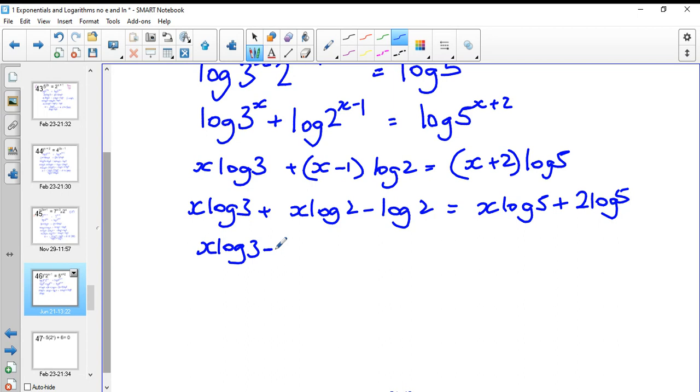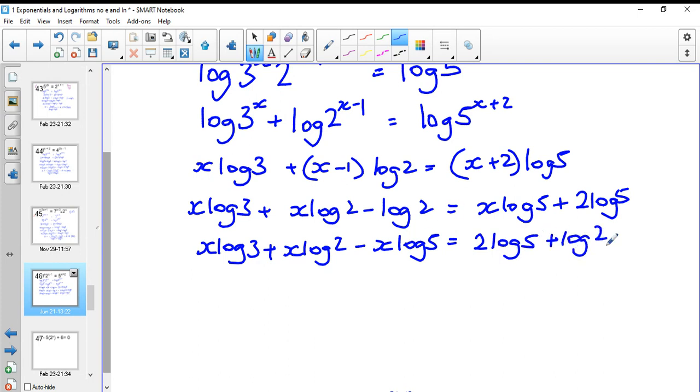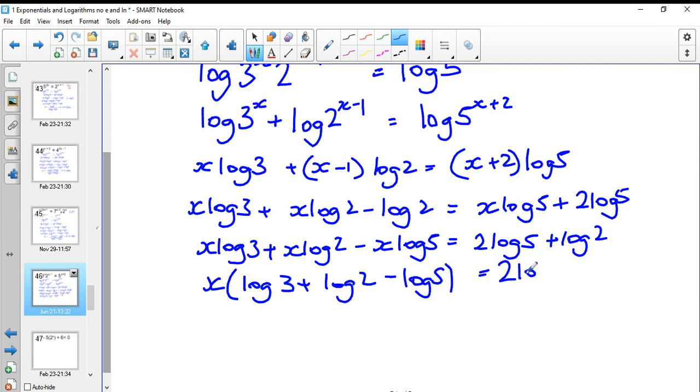x log 3 plus x log 2 take x log 5 equals, so I've just taken that over the other side, 2 log 5 plus log 2. Factorise: log 3 plus log 2 minus log 5 equals 2 log 5 plus log 2, and then just divide.